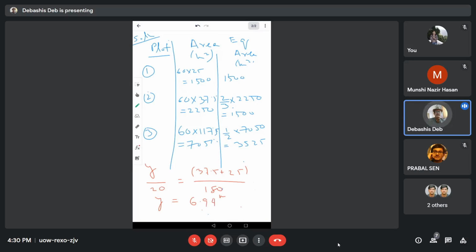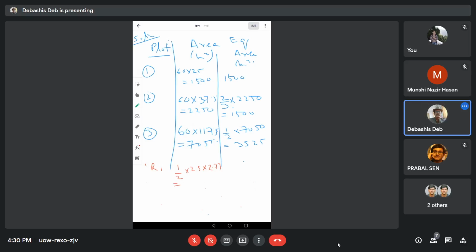As we have obtained, let me delete this portion. Now I can write here R1. The area now is coming half into 25 into x. X we obtained 2.77. How much is coming?